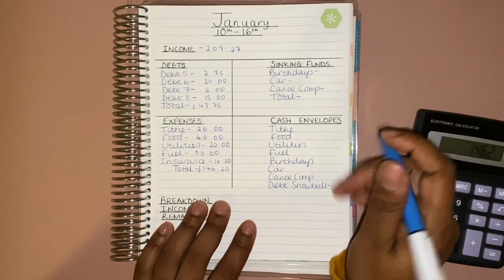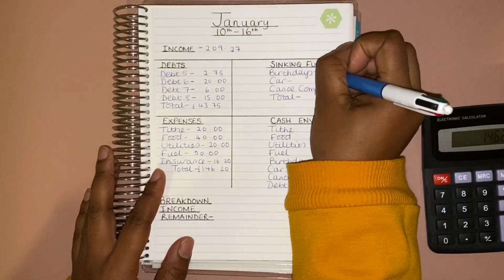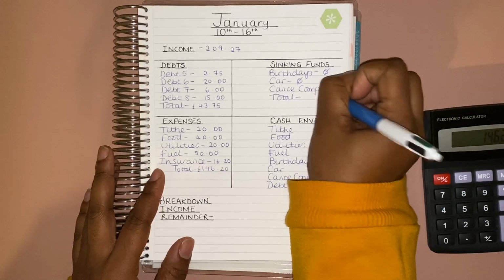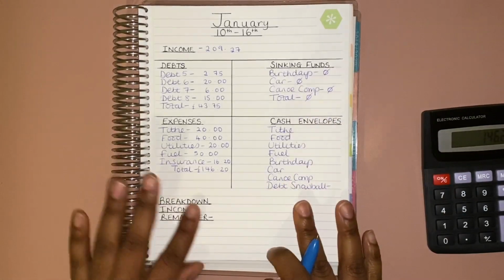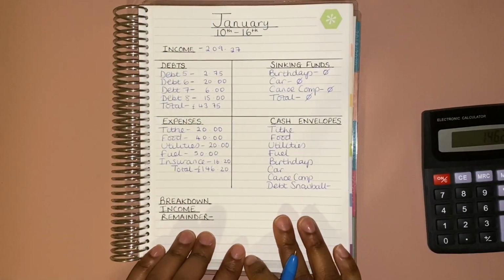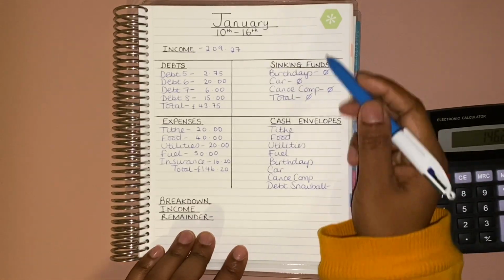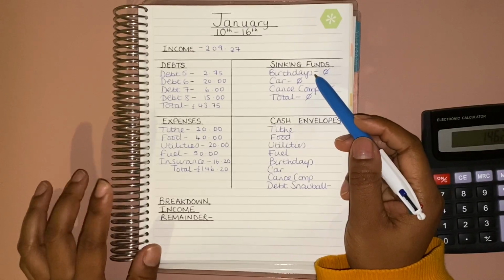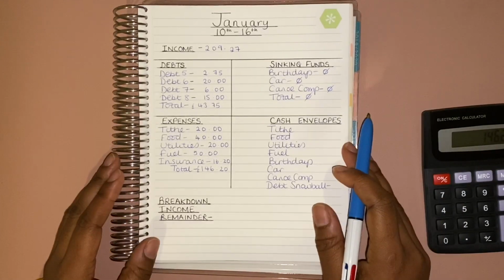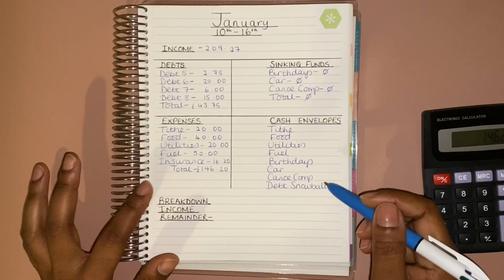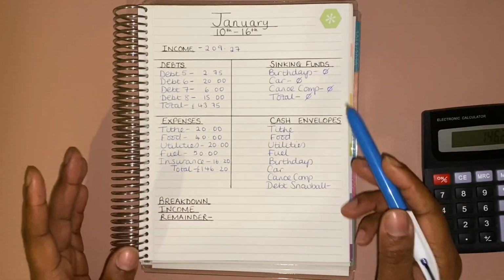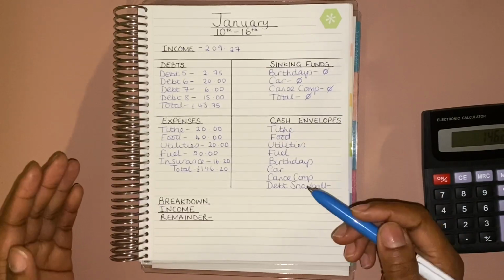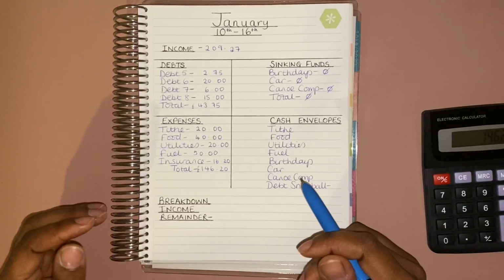Okay, so yeah, sinking funds, it's a big 0 for them at the moment. I've made my peace with that. When it comes to birthdays, for instance, I have a birthday next month for my daughter. If I haven't managed to finish my emergency fund by then, I will just have to budget her birthday present into my weekly budget for that week, if that makes sense.